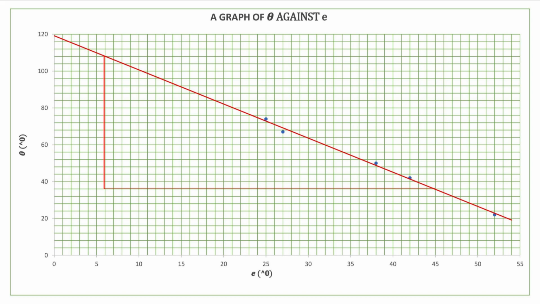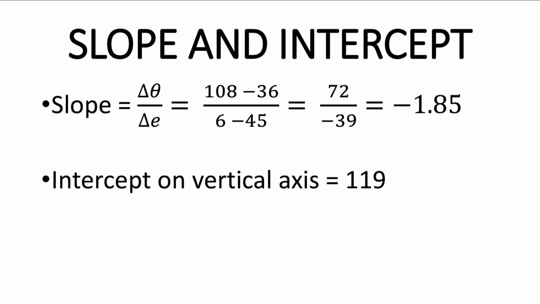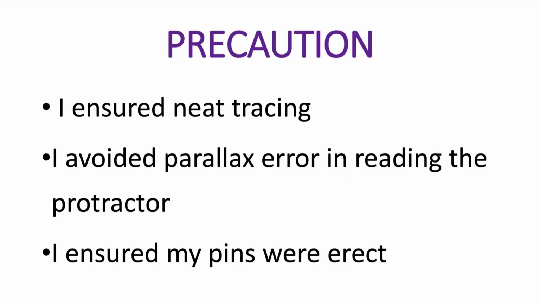Now, the intercept on the vertical axis for this my experiment is 119. Recall that in this experiment, you're expected to take the precautions of ensuring neat traces, avoiding error due to parallax in reading the protractor, and then ensure that your pins are erect when you are taking this reading.